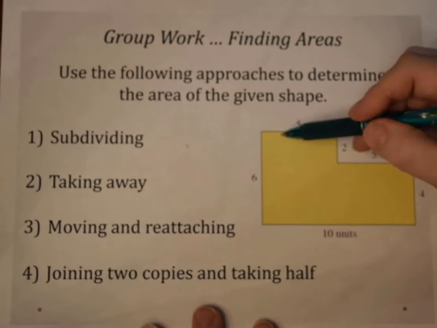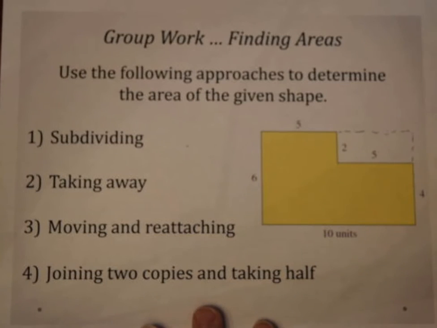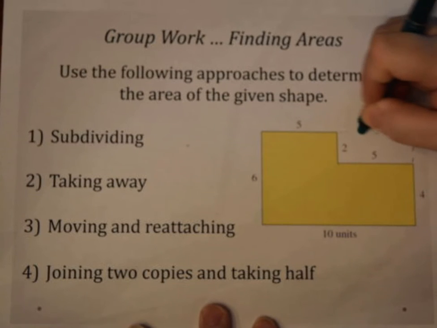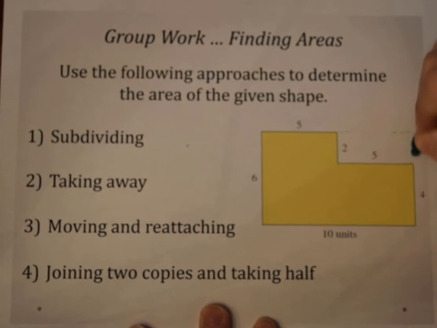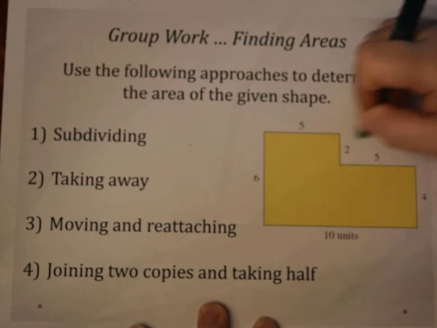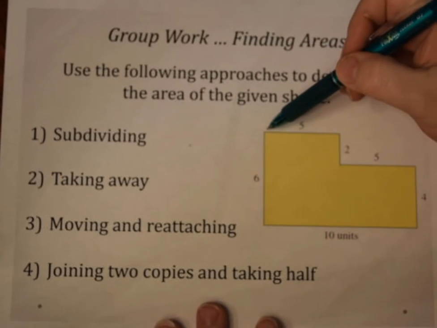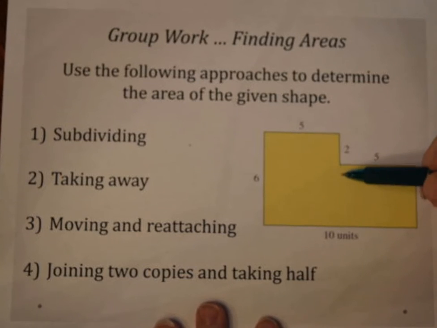That would be 6 by 10. And then take away what's missing. So we would take away this rectangle that's 2 by 5. We could also move and reattach. So what that means is I'm going to look for 2 lengths that are the same. So here's 5 and here's 5.